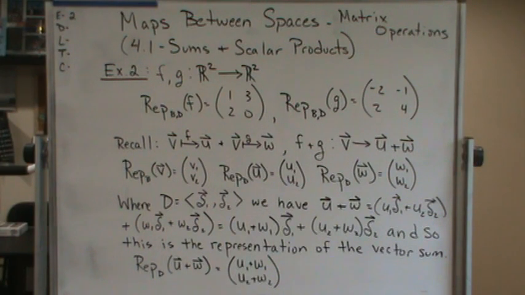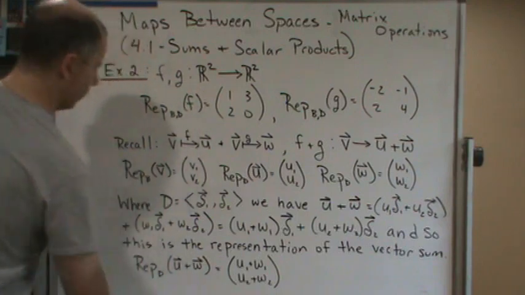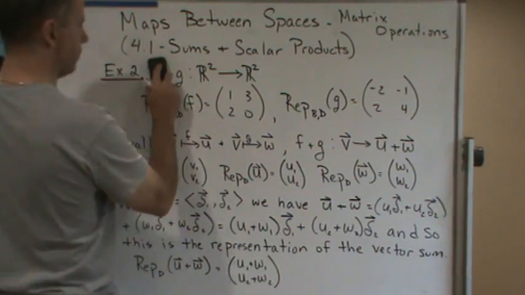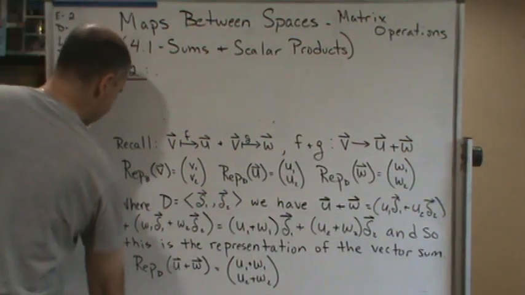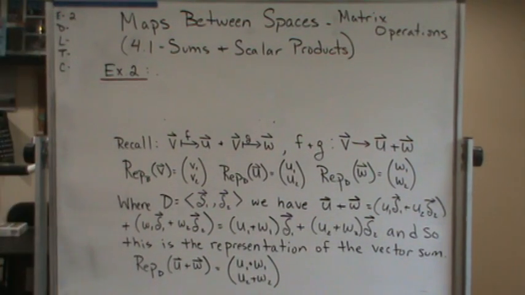Now, since these represent the actions of the maps f and g on the input v, let's do what the mapping does.